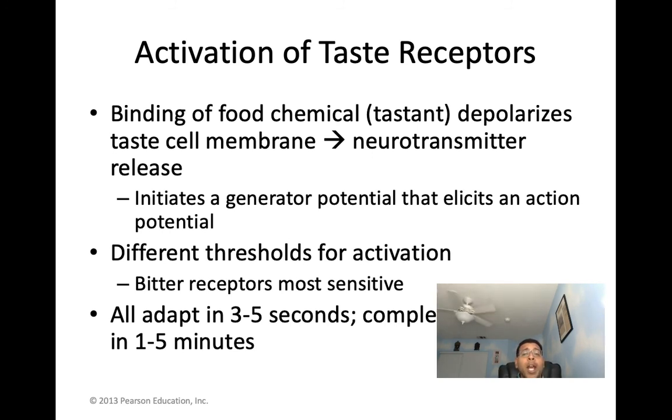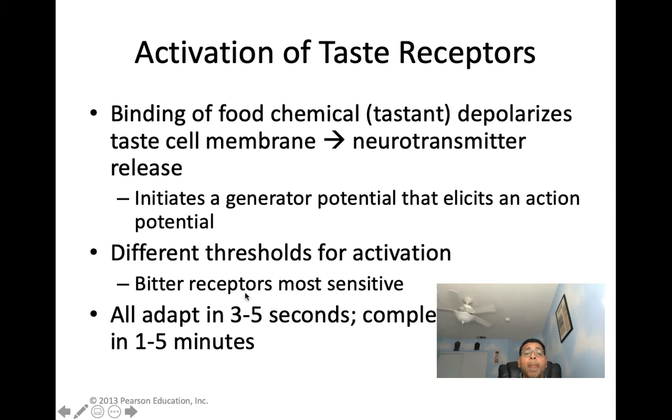When a food, chemical, or a tastant binds to receptors in the gustatory epithelial cell's membrane, it induces graded depolarizing potentials that cause neurotransmitter release. Then binding of the neurotransmitter to the associated sensory dendrites triggers generator potentials that elicit action potentials in these fibers.